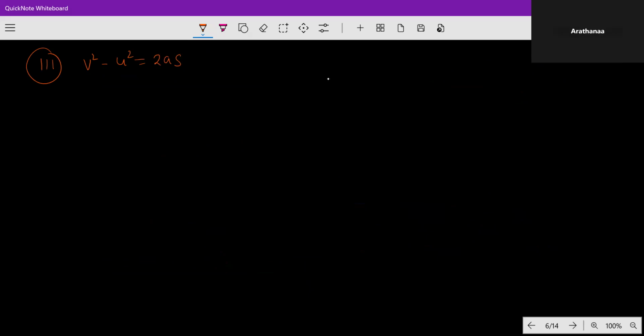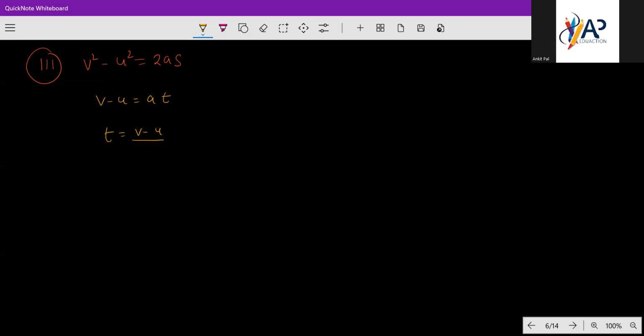We know the first equation of motion, v minus u is equals to a into t. If we calculate time t, we can say that t is v minus u upon a. Suppose that this is equation 1.